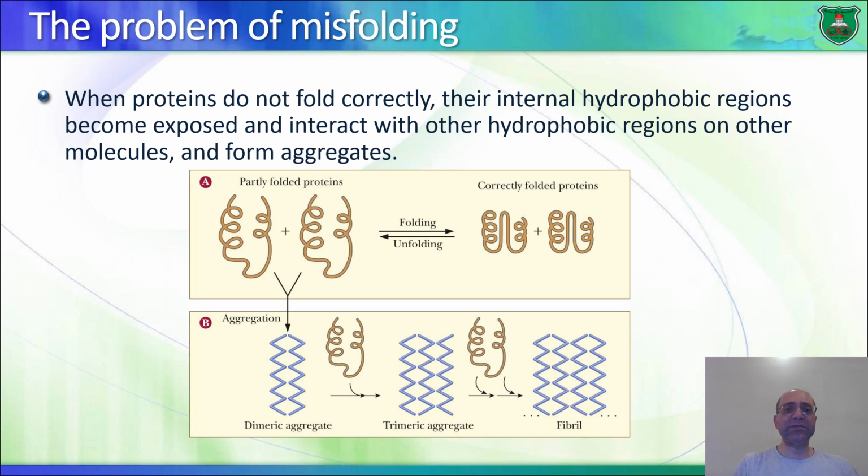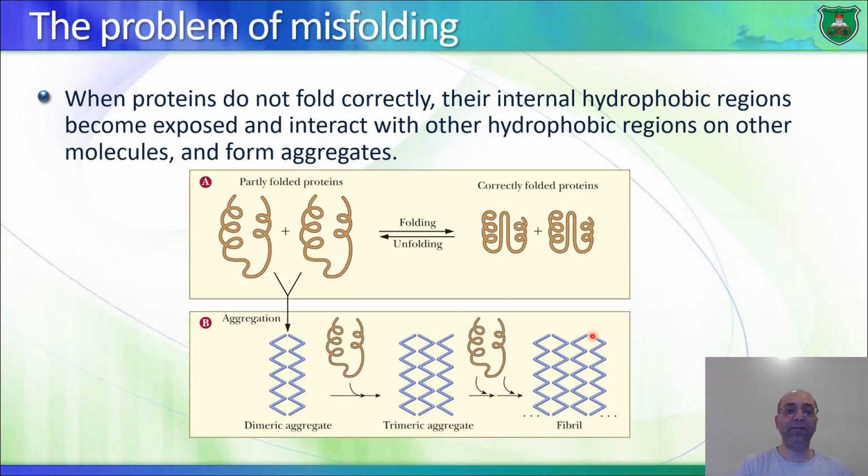So what happens is that proteins can misfold. That is, you can have proteins that are not properly formed, and the problem is that proteins would tend to aggregate. This aggregation is really a result of hydrophobic regions being exposed. You have hydrophobic regions of a protein that can aggregate with a hydrophobic region of another protein, and then a third protein comes in, and so on.